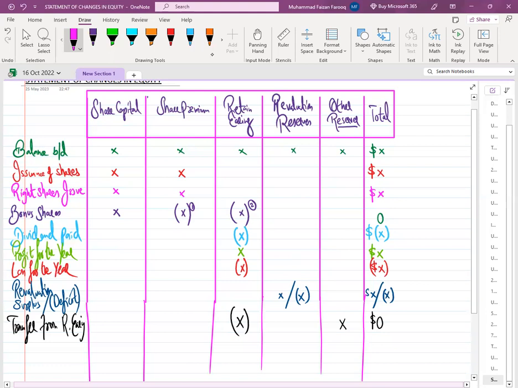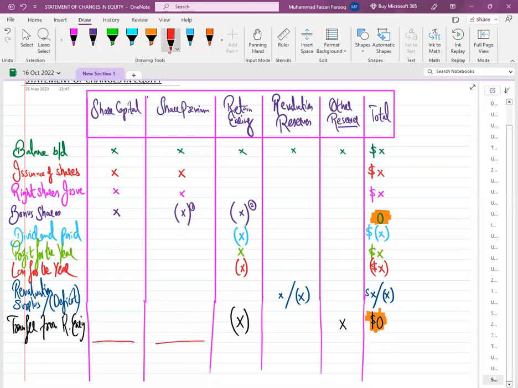Overall impact: one part of equity is declining, the other part of equity is increasing. Zero impact. There are two zero impacts, one for the bonus and one for the transfers. For bonus and transfers, there will be no impact on the total column, no impact on total equity.